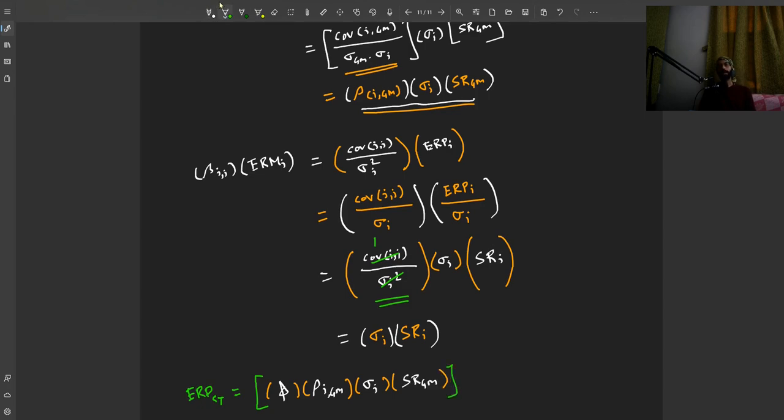This is the first part. And the second part is what? The second part is the level of segmentation, which is 1 minus phi, multiplied by the standard deviation of I, multiplied by the Sharpe ratio of the segmented market.